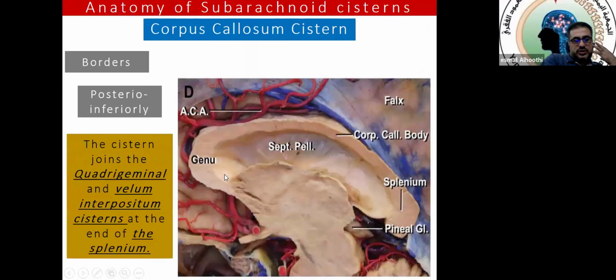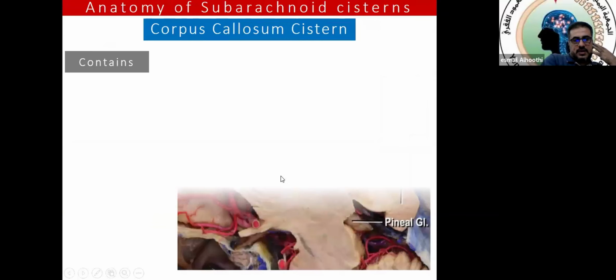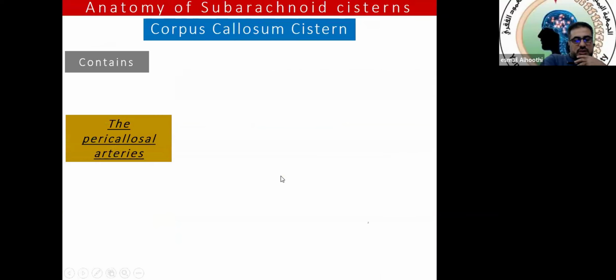Posteroinferiorly, the cistern joins the quadrigeminal and velum interpositum cisterns at the end of the splenium.